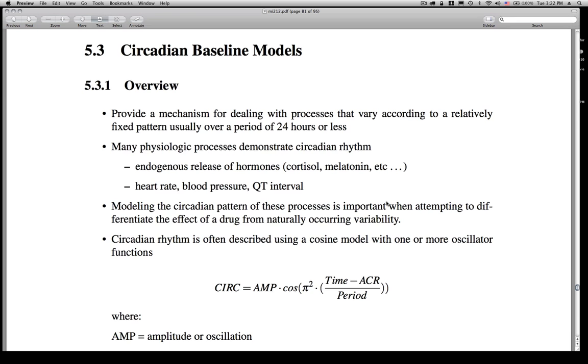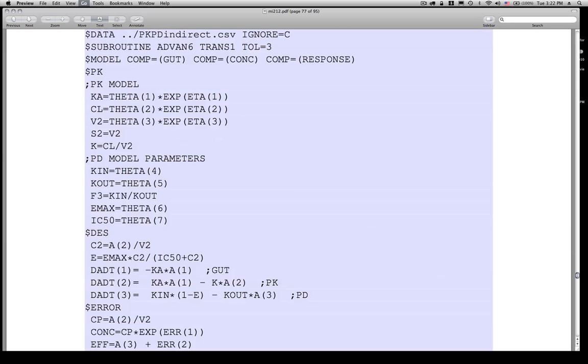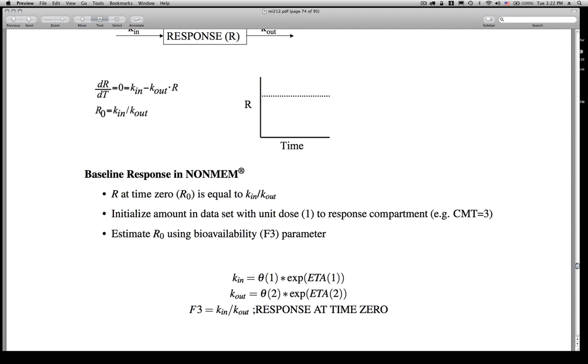Remember, F3 is being used as a method to scale the initialization amount for a compartment. It's a bioavailability fraction in PK terms, but we're not talking about PK here. We're talking about initialization of a compartment. And if we initialize a compartment with a unit dose of 1, the fraction that multiplies that at time 0 would then result in a quantity that's equal to the baseline.